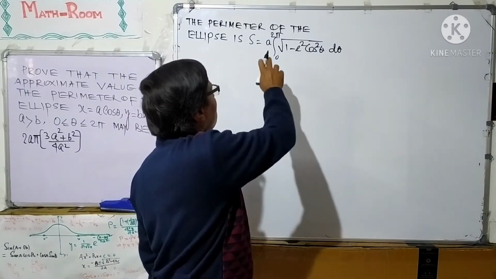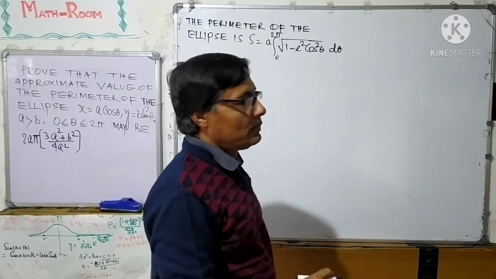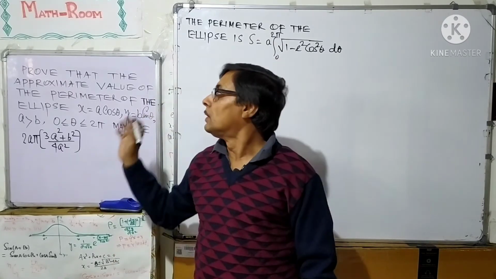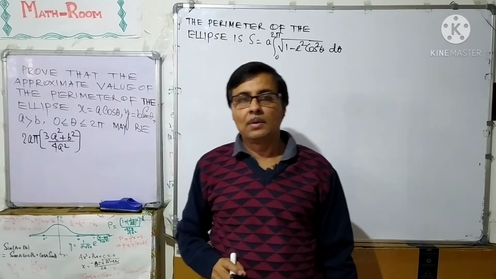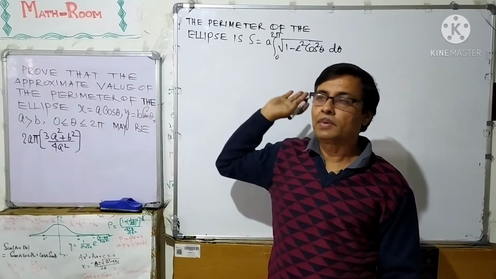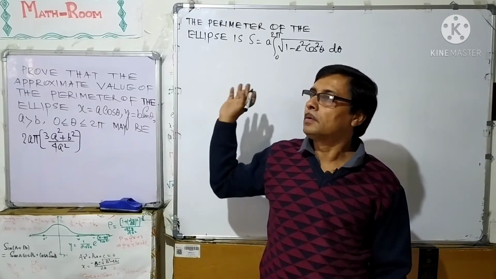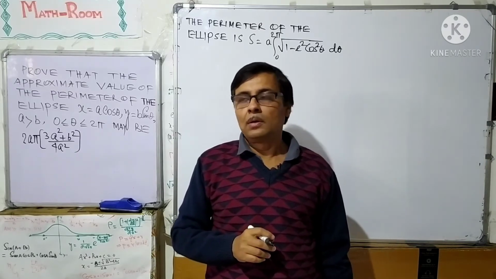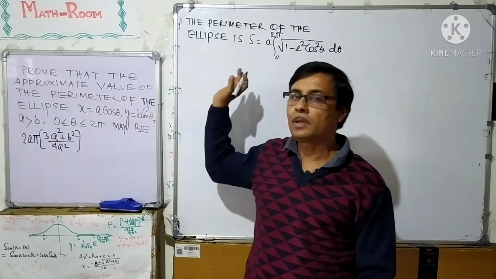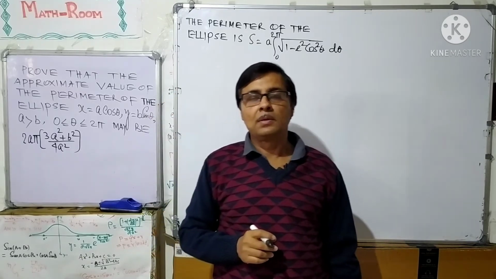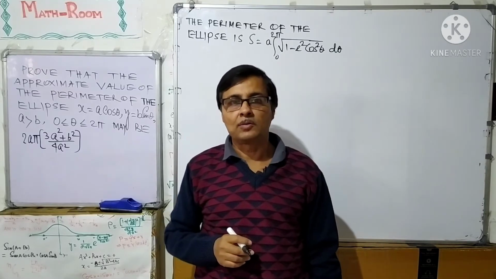From this integration we can find the value of the perimeter, but we cannot find the exact value of the perimeter, because this is an elliptic integral. This elliptic integral has no exact value, so we have to take an approximation of the value of this integration. We cannot find its exact, that is actual, value.